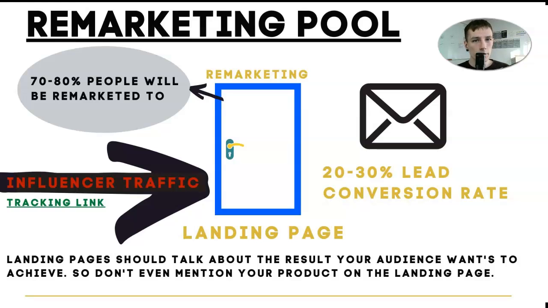But as a smart marketer, and I know that you're a smart marketer, we're going to put a tracking and remarketing pixel on our landing page, so that whenever someone comes to our landing page, we're going to capture up to 99%, if not 100%, depending on people's cookie preferences, into a remarketing pool.